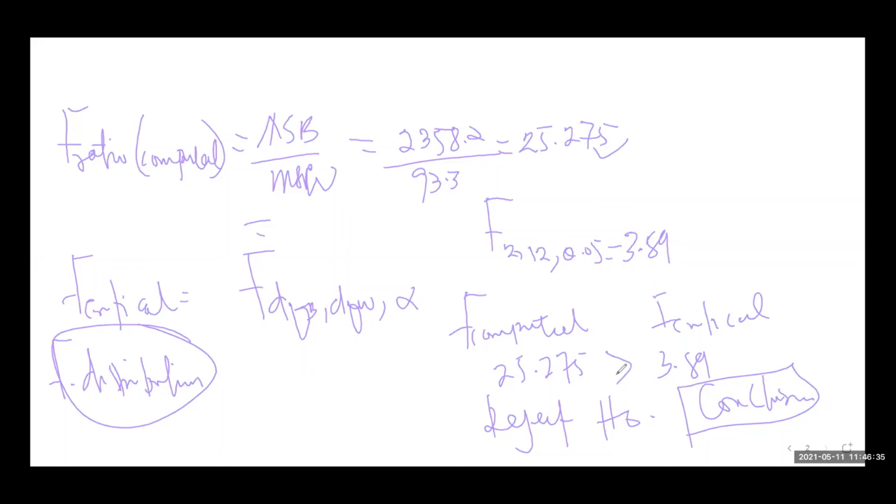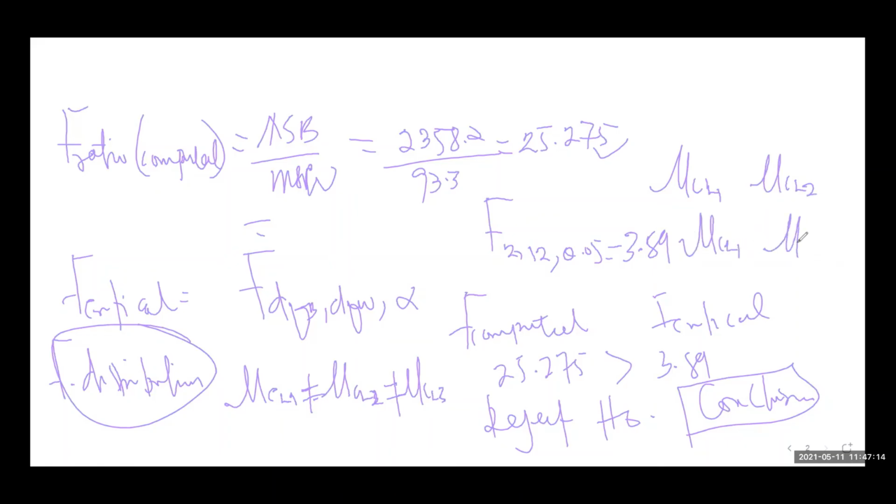But the next question is, if we conclude that there are differences, that mu 1, club 1, is not the same as club 2, not the same as club 3, it may not be the case that all of them are different. So where are the differences? I need to do pairwise comparison. Compare mu club 1 to mu club 2 distance, then club 1 and club 3.